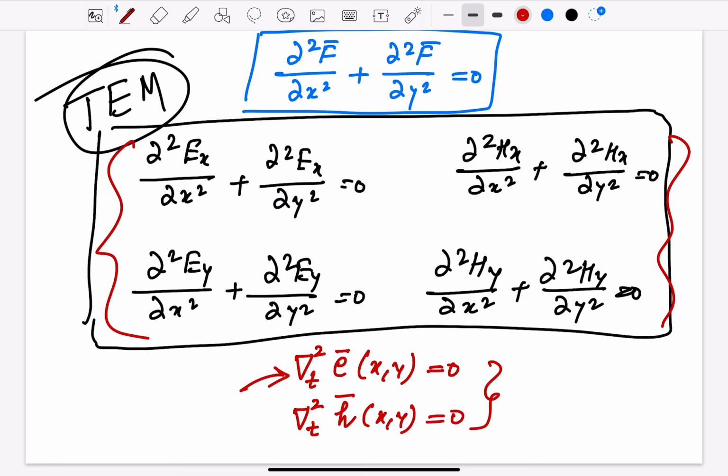And all of these represent the transverse components, which are Ex, Ey, Hx and Hy. If you are working in a rectangular or cylindrical coordinate system, the Laplacian operator can be recalled or changed accordingly.